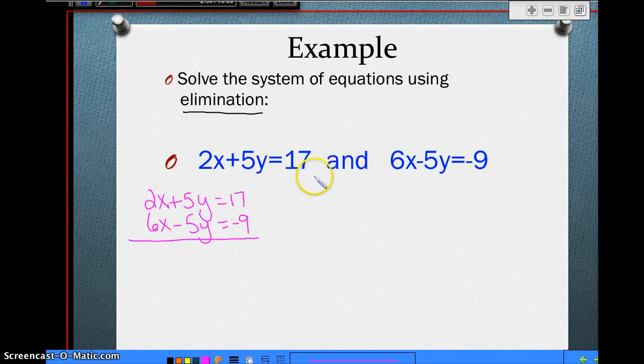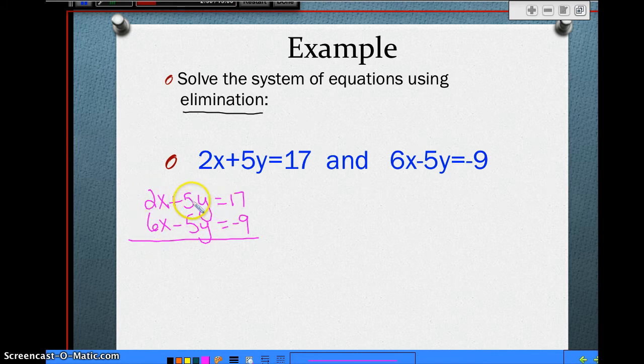Then the next trick is to look at the coefficients in front of the x's. If you look at the coefficients 2 and 6, if I were to add these two terms together because they're like terms, you would get 2x plus 6x, which would be 8x. And we want to look for where they're going to eliminate. In order for them to eliminate, we need the coefficients to be opposite signs. One has to be a negative, one has to be a positive, and then they have to have the same coefficient.